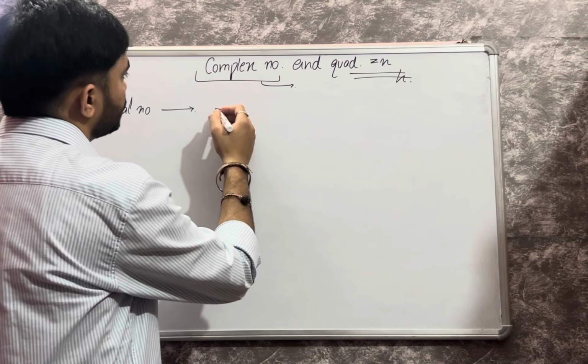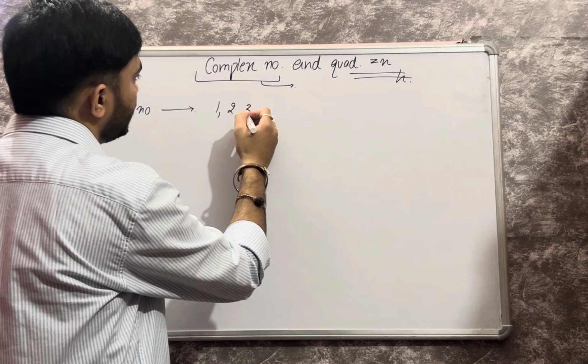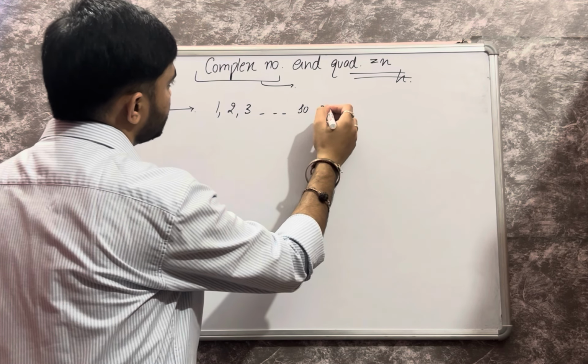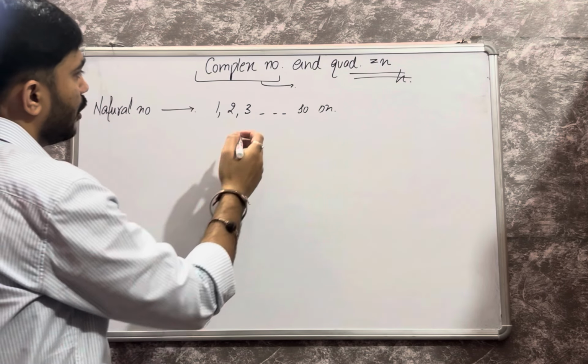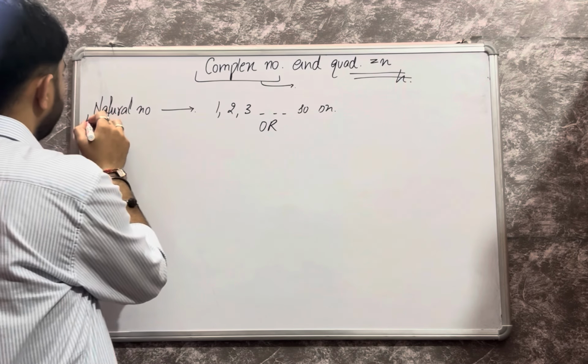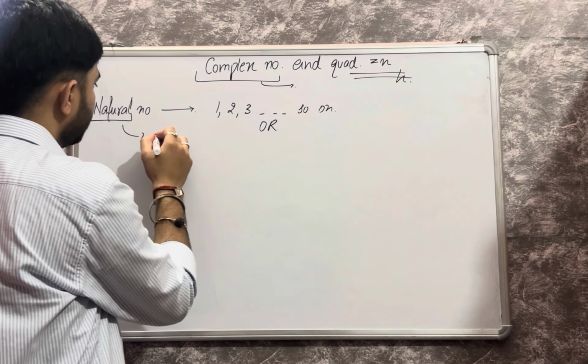Firstly, natural number. So the number 1, 2, 3 and so on are known as natural number. Or we can say that natural means nature.